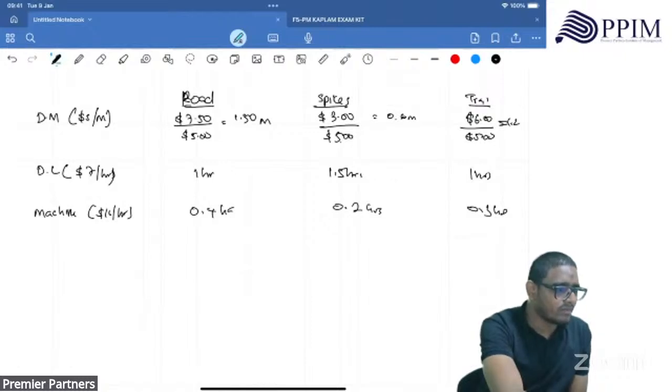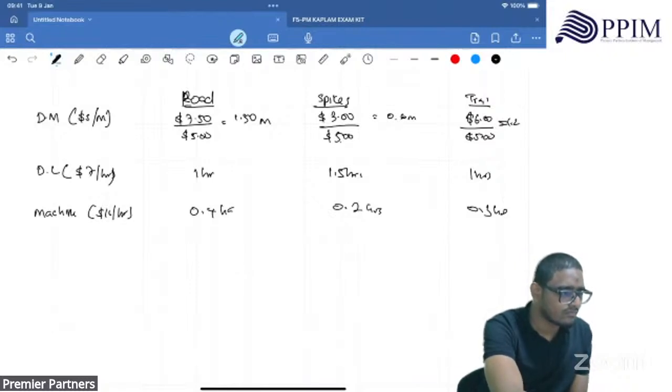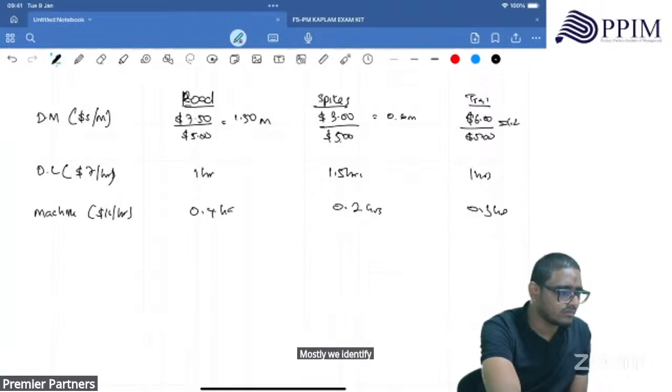Required to calculate the optimum production plan and the resulting total contribution earned for March, assuming that the order with Runway is supplied in full. Okay, see if you can quickly work that out. First, I think we have to identify what is your limiting factor. Right.